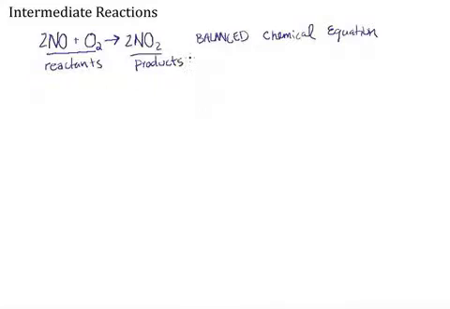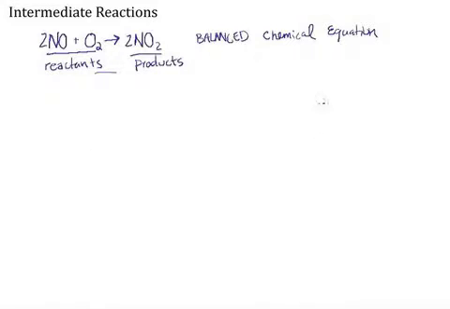Except in the real world, it's not really that simple. In the same way that, when you cook, you're not necessarily just taking all of your ingredients and dumping them in a pot and then magically a meal comes out, right? It's not necessarily the case in real life that you simply throw some reactants together and magically these products are created, right?